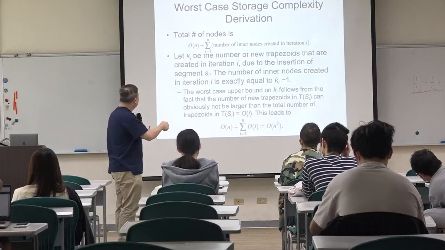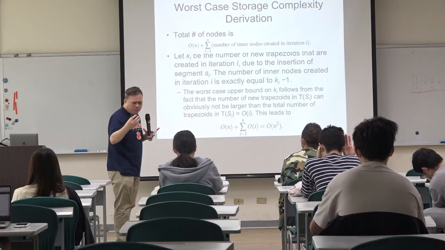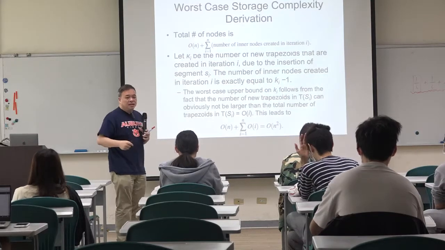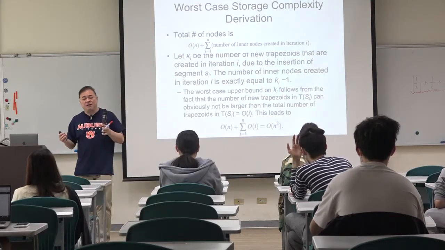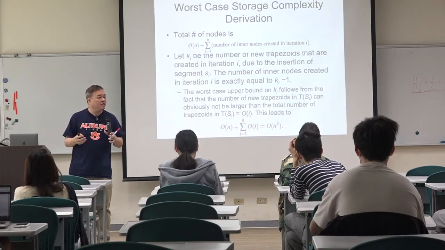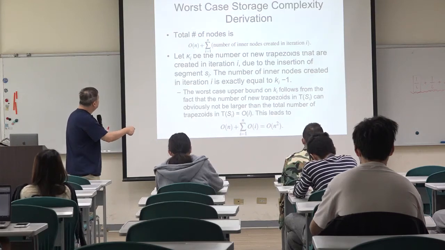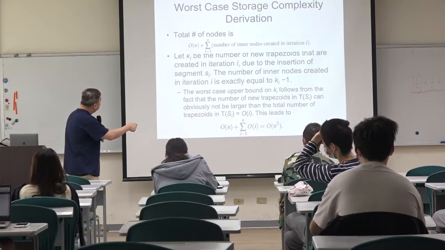So we know the number of trapezoids is bounded by big O(n). We know it's like 3n plus 1. So this is the number of leaf nodes, big O(n).